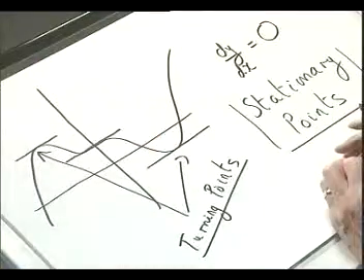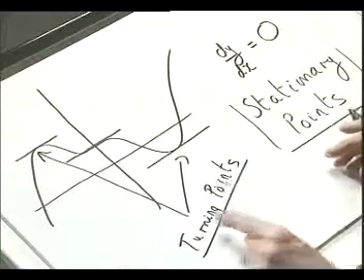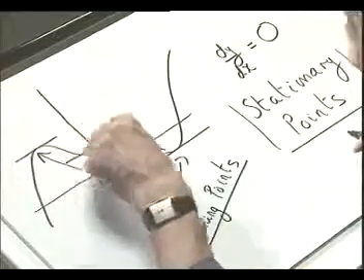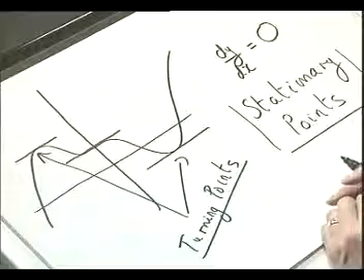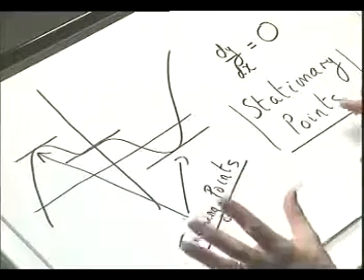And so at turning points, dy by dx is 0. The thing to realise, though, is that if dy by dx is 0, that doesn't mean we've got a turning point. We might have one of these. That's what makes life just a little bit tricky. But nevertheless, the thing to remember is that at turning points, dy by dx is 0.